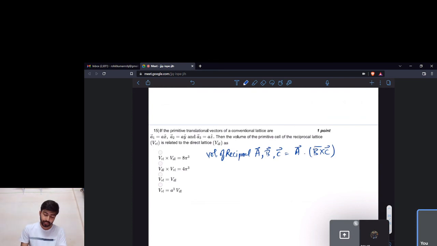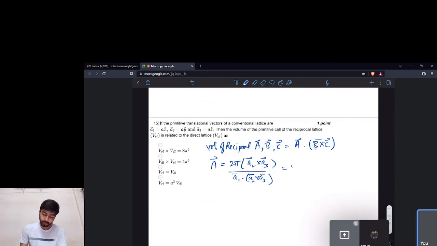And in this we can find A as 2 pi a2 cross a3 divided by a1 dot a2 cross a3.